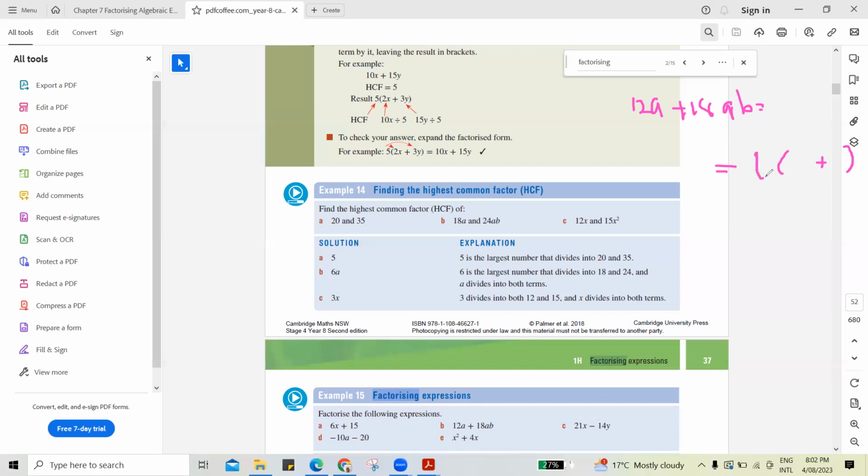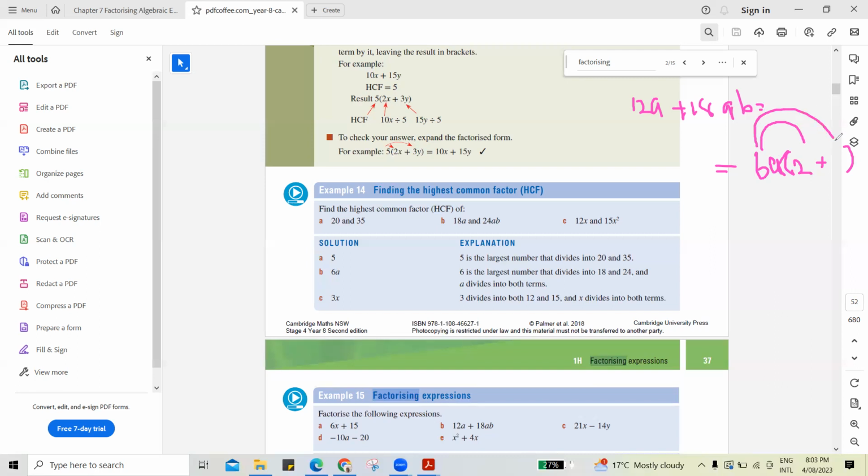Good job. 6. Any other numbers? Letters? A. 6a. Good job. Then bracket. Not b. B is not coming. Then when you multiply, you have to get 12a. What should be the number here? 2. 2. That's right. 6a times 2, 12a.